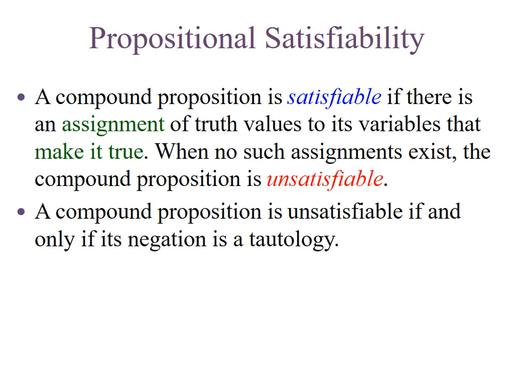Can you compare the difference? What's the definition of consistent? Because we all need to assign those values to the propositions to make them true, right? Or is satisfiable equivalent to consistent?